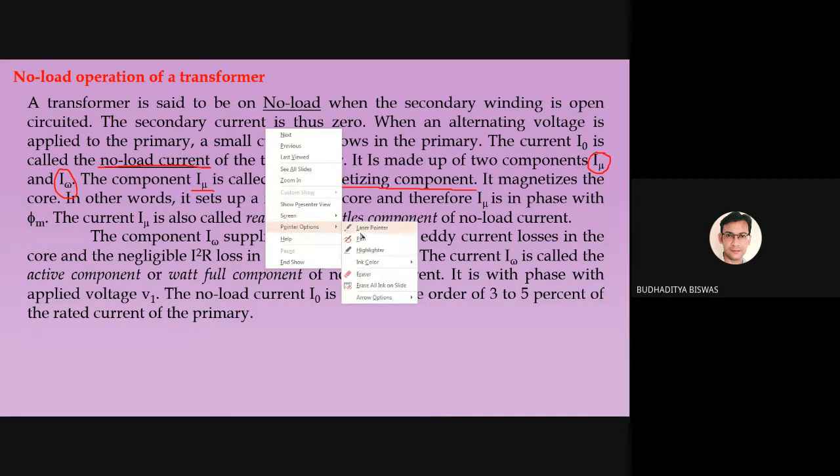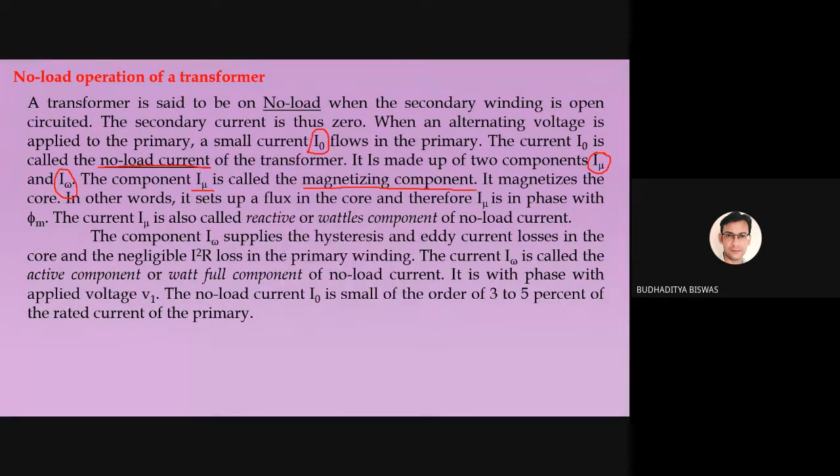This IW caters to the hysteresis and eddy current loss, with negligible I square R loss in the primary winding. And this I mu sets up the flux in the core. IW is in phase with the applied voltage V1 because it is responsible for producing the active losses, and active losses means resistive loss.